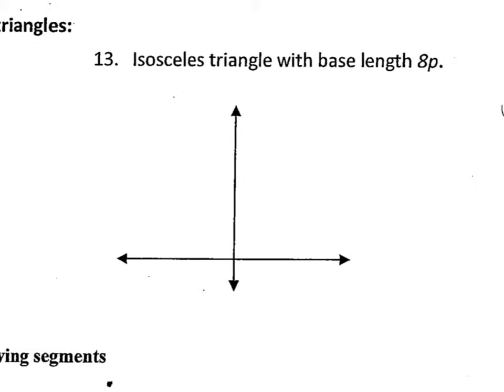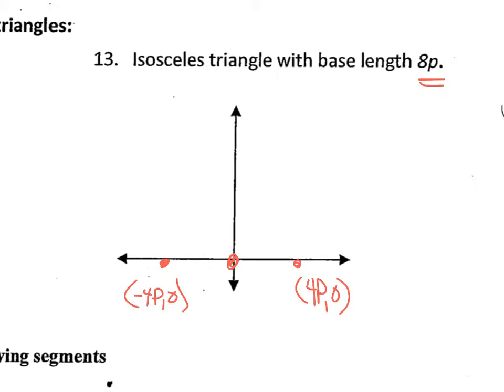For this one, we want an isosceles triangle with a base length of 8p. Okay, so that p could be like a proportion factor. One way to do this is to have one point at (0, 0), and we could go (-4p, 0) in one direction and (4p, 0) in the other direction.